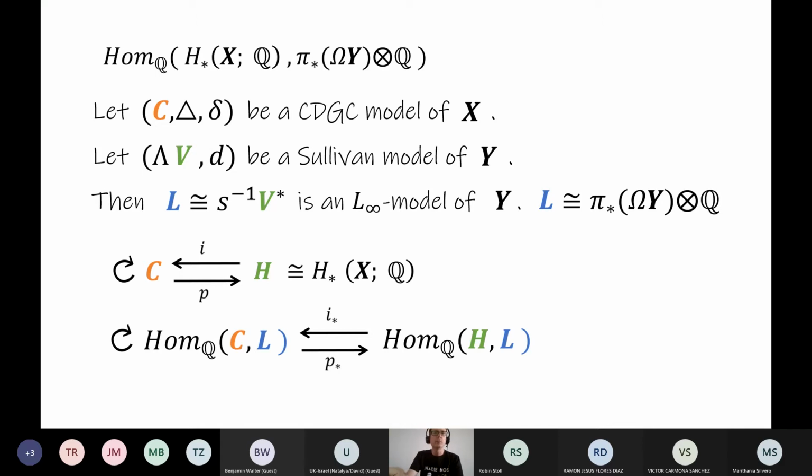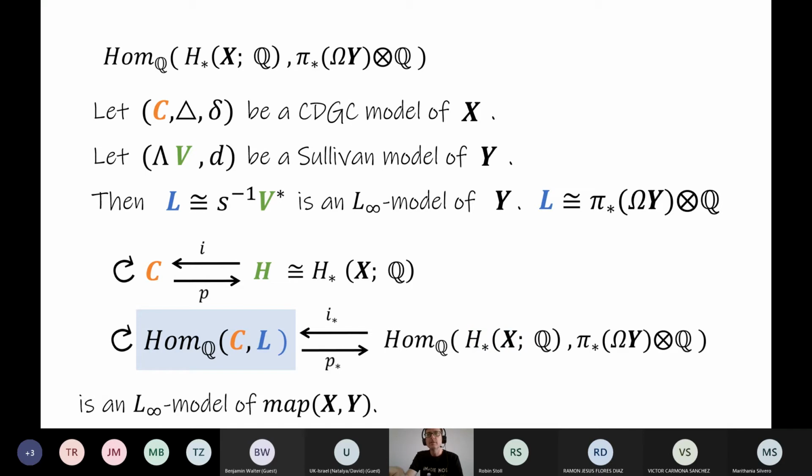So we obtain another contraction, but recall that we have endowed this complex of linear maps with an L-infinity structure, which was an L-infinity model of the mapping space. So we can transfer this into an L-infinity algebra and recall that H is just the rational homology and L is just the rational homotopy. So we have done. This L-infinity structure gives a model of the mapping space.